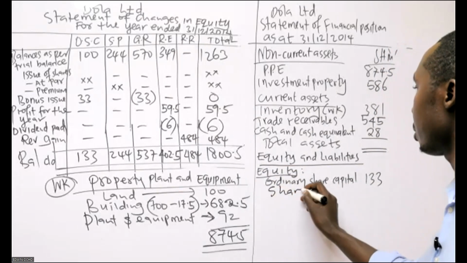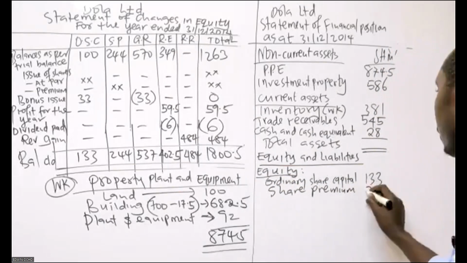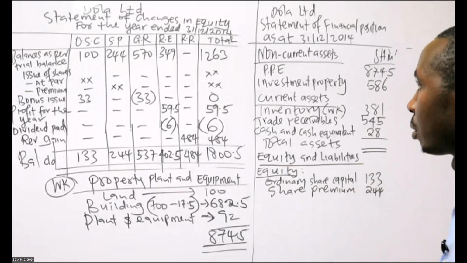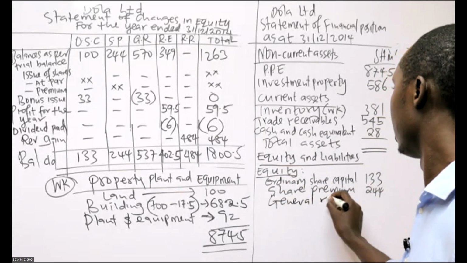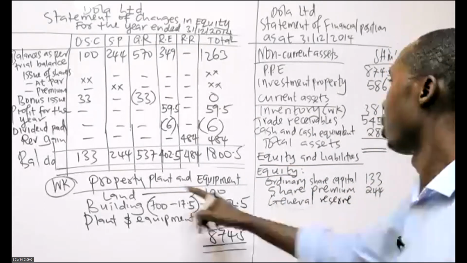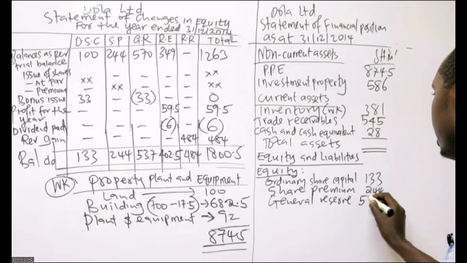Share premium, 244. General reserve, I'm copying these balances carried down, 537.